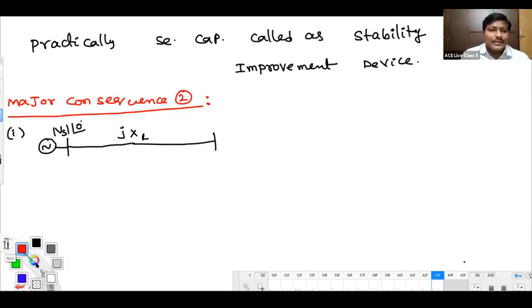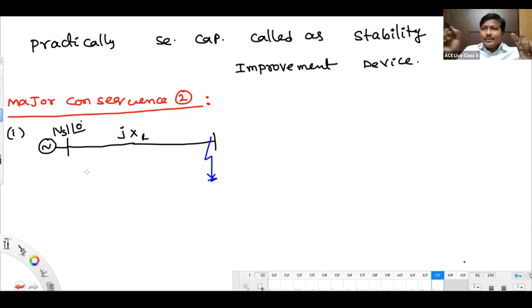Now, listen, please. I have taken a fault at the end of the line. You assume this is a single phase system and it's a single phase fault. Simple. We have a voltage source connected with a series impedance, and at the end you have a short circuit. How much current flows in the loop? That is source voltage by impedance.